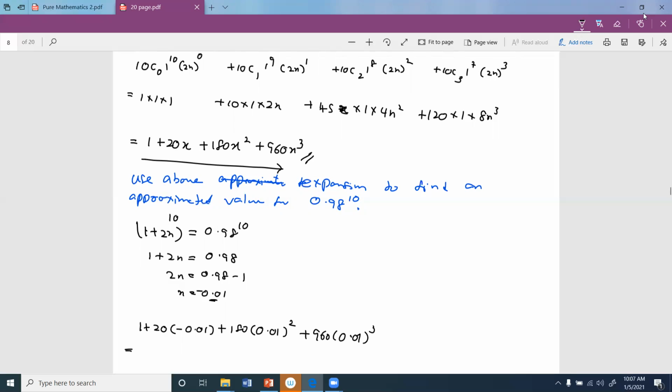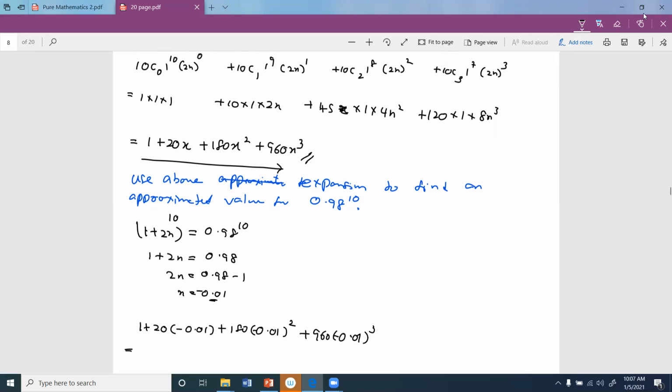I made a mistake here: it should be minus 0.01 in these places. This should be minus, and this one also should be minus. So to do this correction, it should be minus. Then you get the final answer.